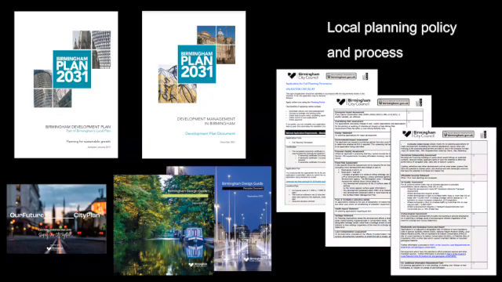Local planning policy and process, so we have the Birmingham Plan and the Development Plan, which sets out our local planning policies, and so they take cues from statutory legislation, but also are the city's drive forwards in how we want to see development occurring in the city.